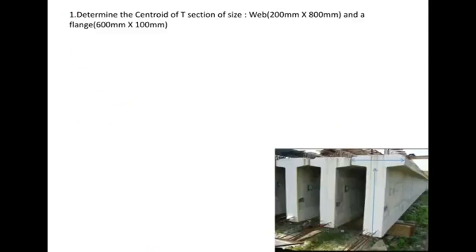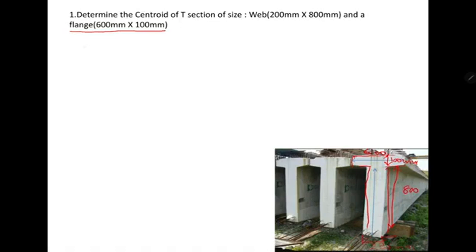Let's go to the first example. In this example, as you can see in this figure, we have the T section which has the flange of dimension 600 mm by 100 mm, and the web of depth 800 mm and width 200 mm.